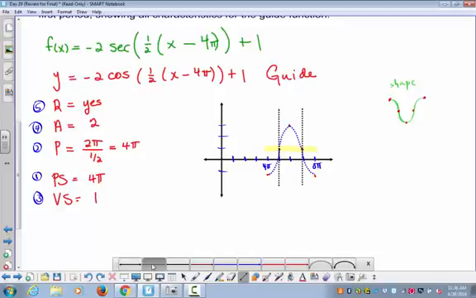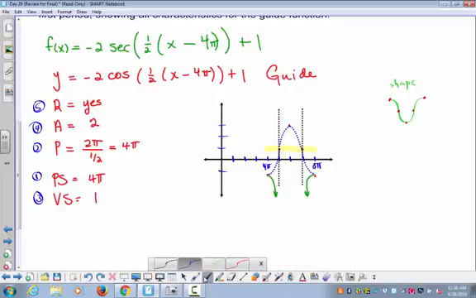Now we just have to draw the pieces. There is a piece here, opening down. There is a piece here, opening down, approaching those vertical asymptotes.